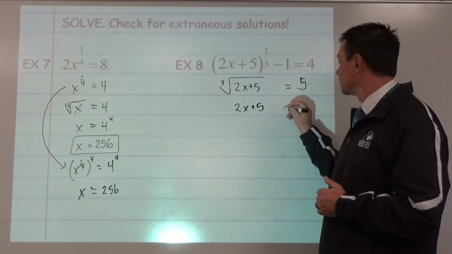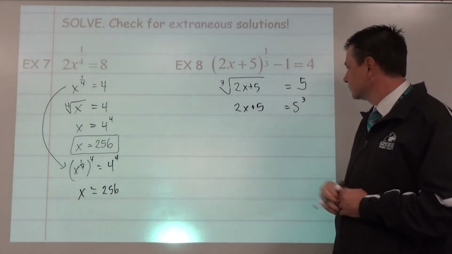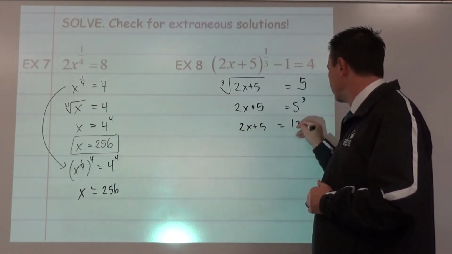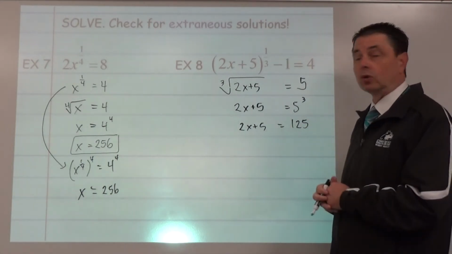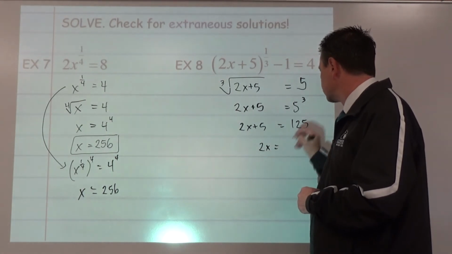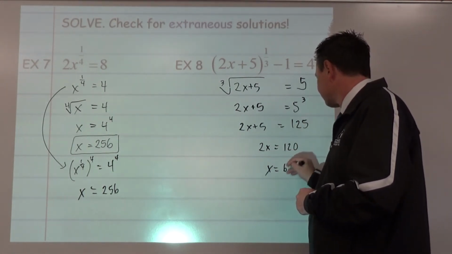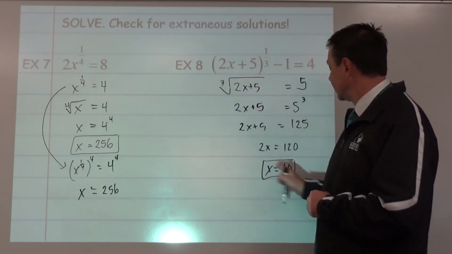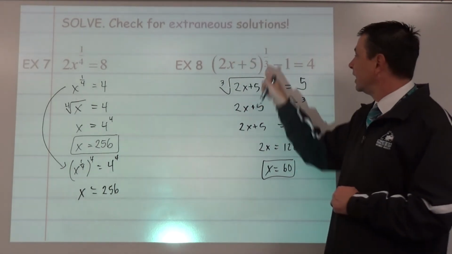We're just going to get 2x plus 5 raised to the 3rd power over here. 2x plus 5 is equal to 125. By calculator or remembering, we subtract 5 on both sides, we get 120. x is 60.